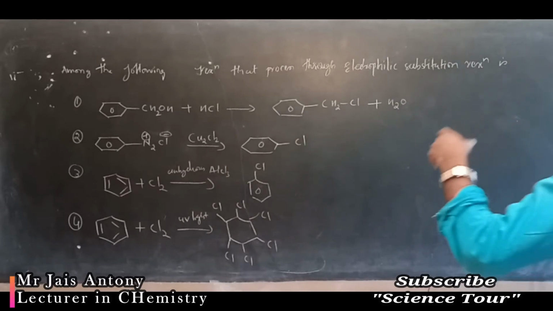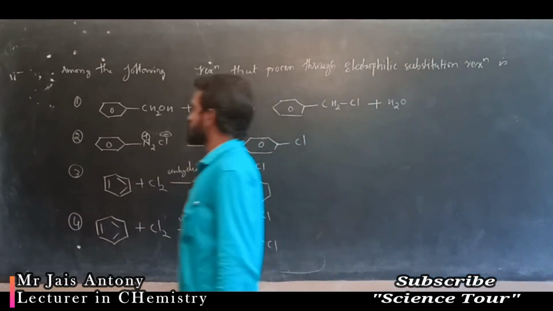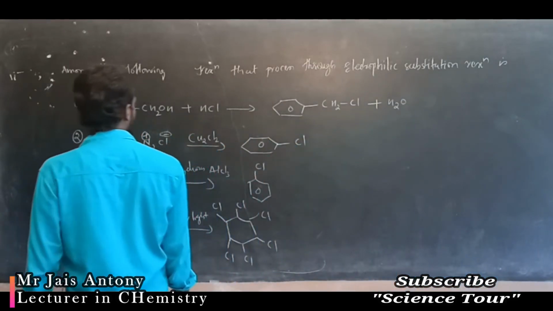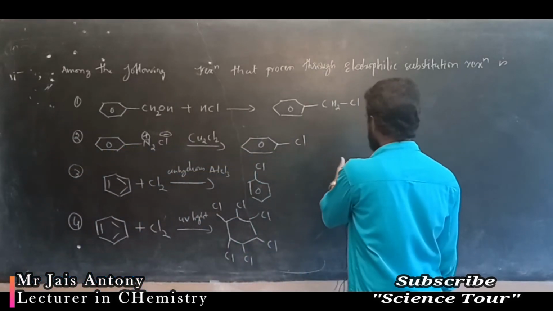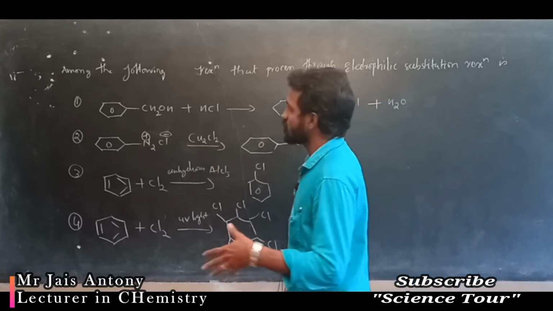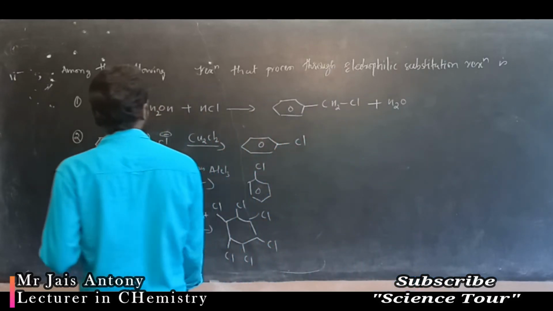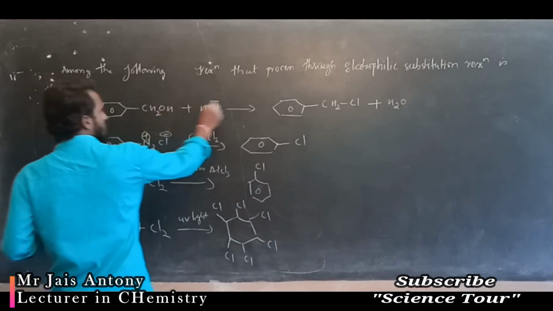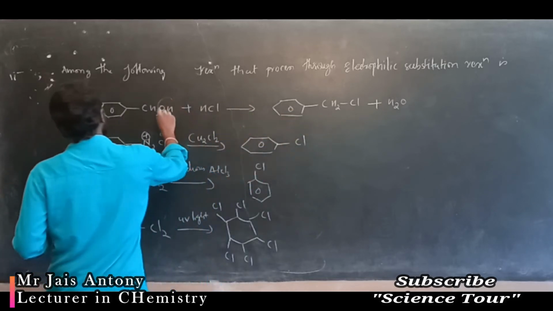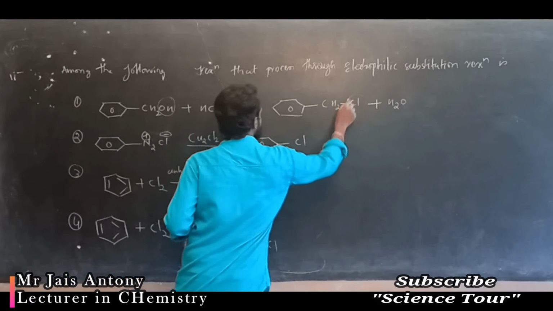Okay students, this question appeared in last year's paper. Among the following reactions, which one proceeds through electrophilic substitution? You have to find out. Very simple. Look at the reactant and the product. On the reactant side OH is there, on the product side Cl is there.